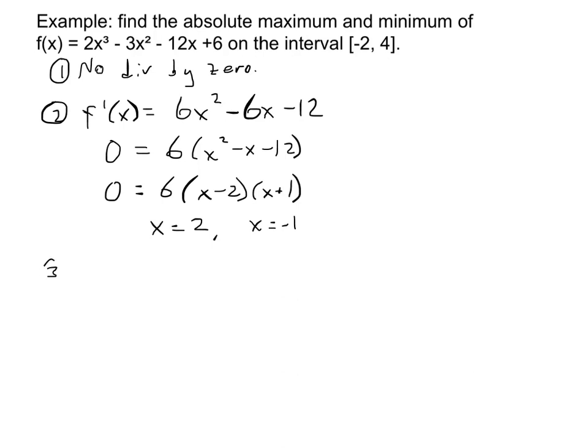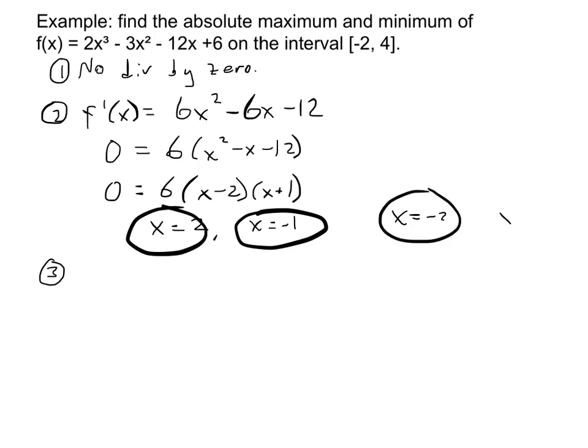In step 3, I'm supposed to take my critical numbers and the endpoints of the interval, which are negative 2 and 4, and plug all of them back into the original function to find out what those values are. So when I do that, f of 2, so when I plug 2 back into this original function, f of 2 is negative 14.